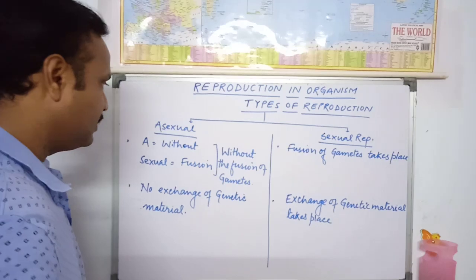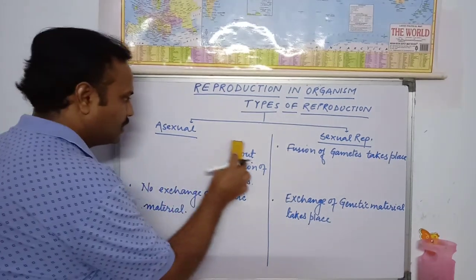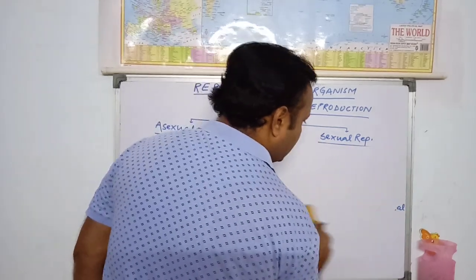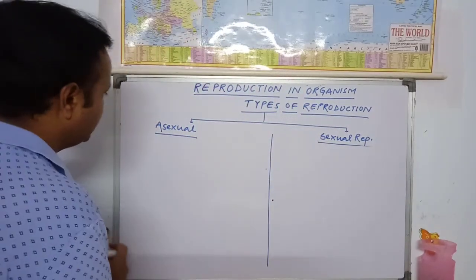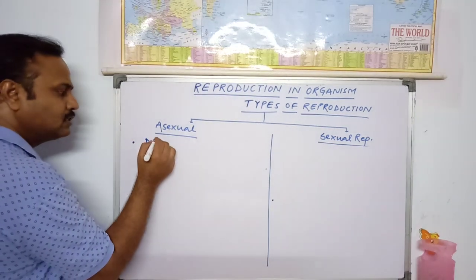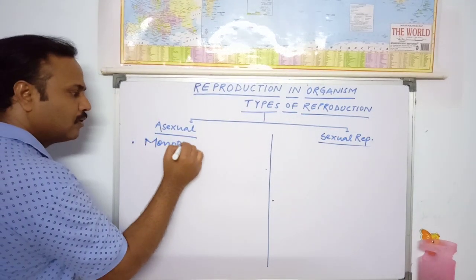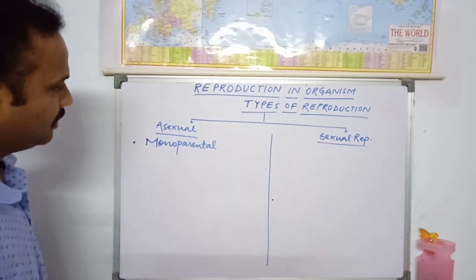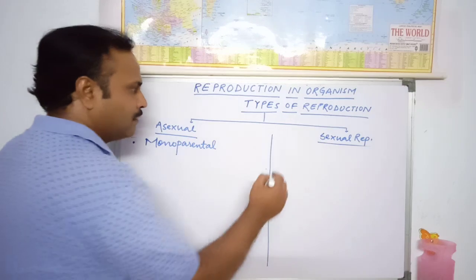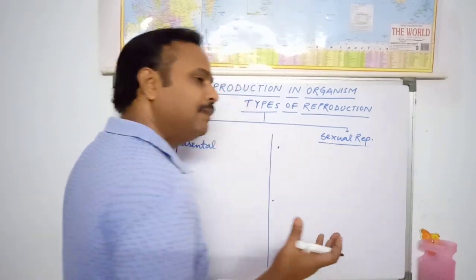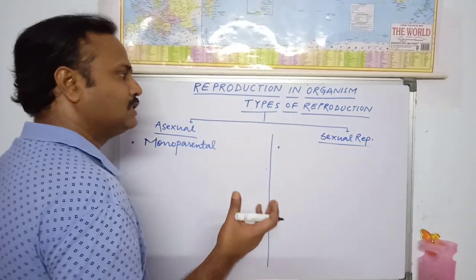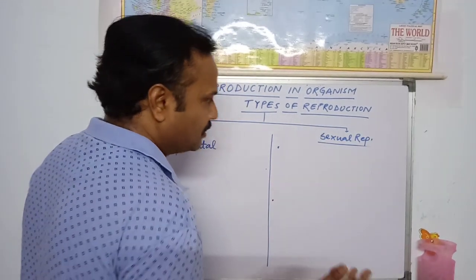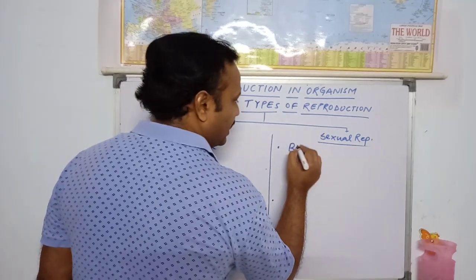No exchange of genetic material, that means only one parent is involved here, so it is monoparental. Only one parent is involved, either the male or the female. While here the genetic material is exchanged, so definitely the exchange is done between mother and father, right? So it is biparental.